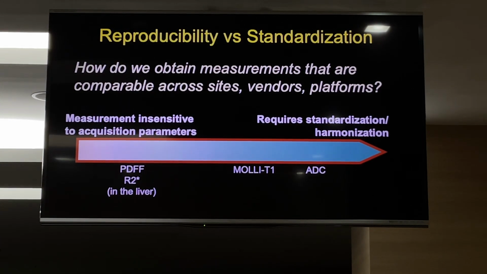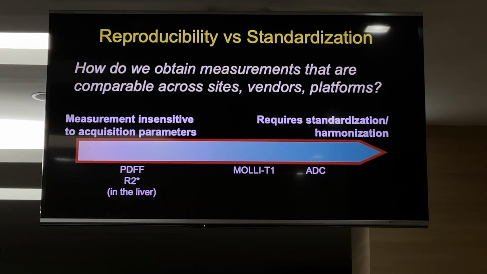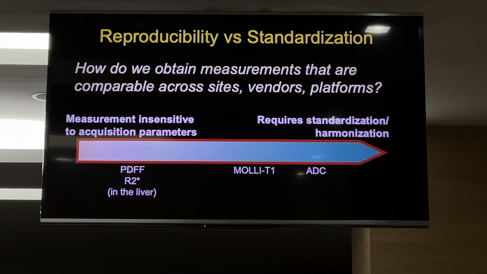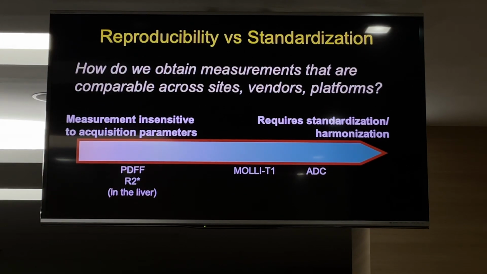Whereas things like MOLLI T1 or ADC in the liver, you really need to keep your acquisition parameters constant if you want to achieve comparable measurements. Now that doesn't mean that these more reproducible methods don't benefit from standardization, which they probably do, but perhaps the need is a little bit less present.